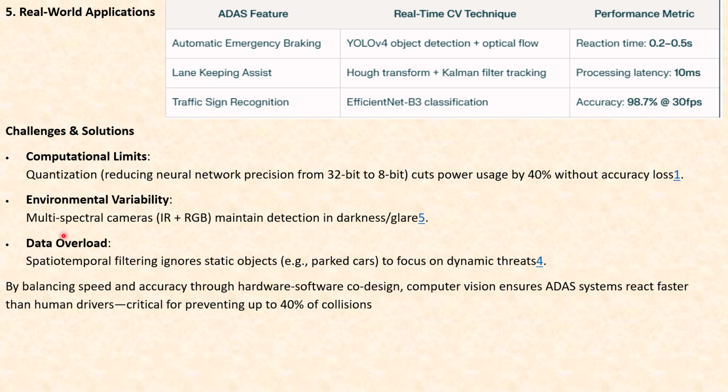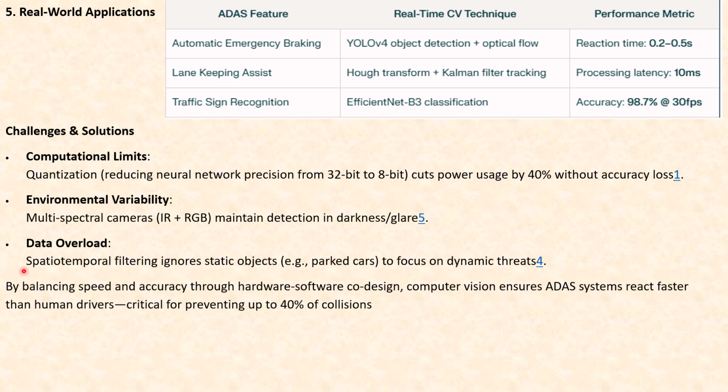Now when it comes to environmental variability, multispectral cameras maintain detection in darkness and glare. One of the biggest disadvantages of the camera is that it cannot work in the dark, and these multispectral cameras, which comprise infrared plus red, green, blue, maintain detection even in the darkness, thereby nullifying the disadvantage of the camera.